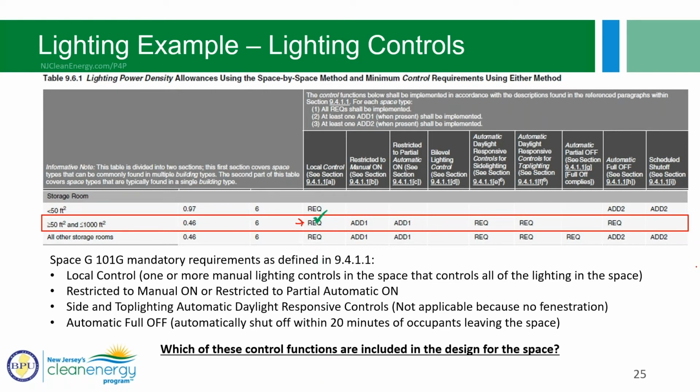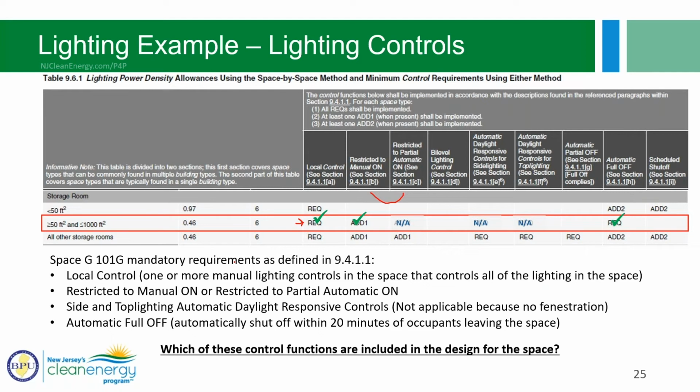So next, we've got these two ADD1, ADD1. What the ADD1s means is that they're required to have either of these two control types. So either restricted to manual on or restricted to partial manual on. Well, we talked about how the specs told us that the occupant has to come in and manually turn on the lights. So we know we're good there and that we have a restricted to manual on sensor. Then we can see that daylighting controls are both required, but there are no windows or skylights in our space.